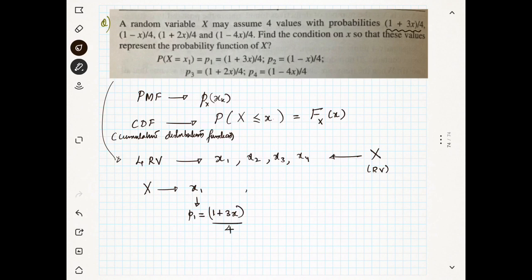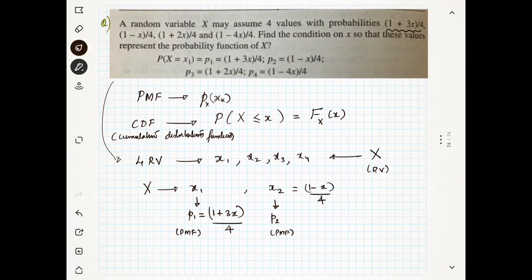Next, X can also take the value x2, and x2 has a probability mass function of (1 - x)/4.